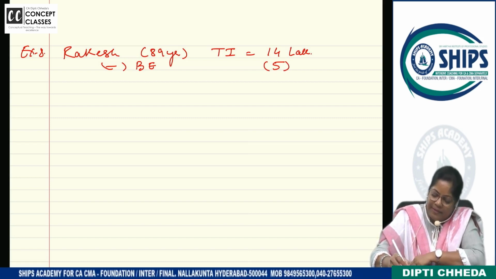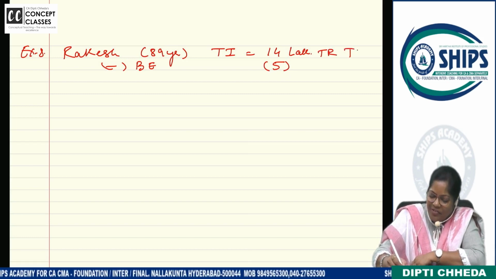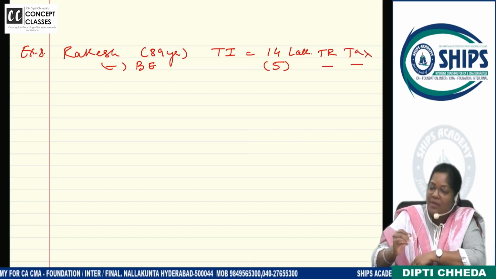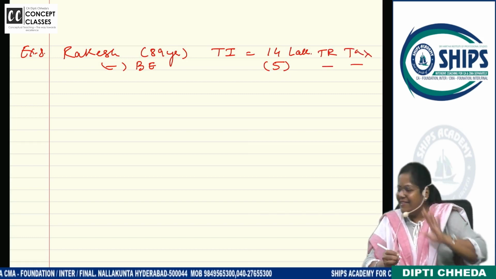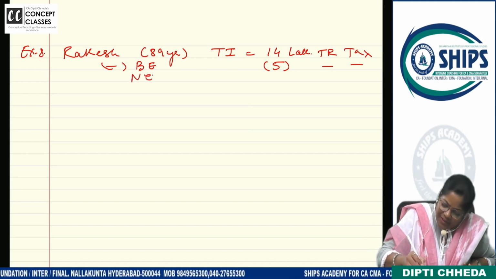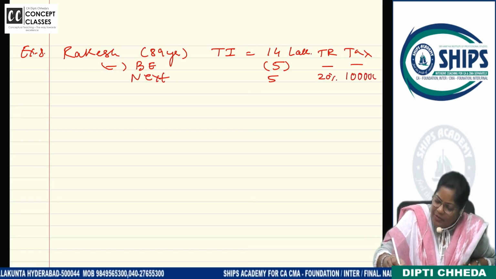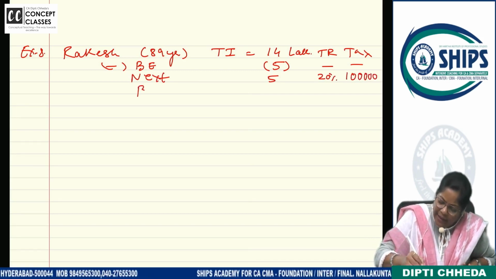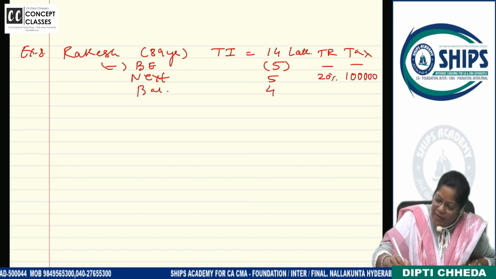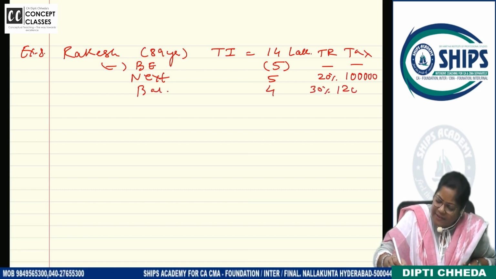Excuse me. I think no need of explanation. We can do it together. On the first 5 lakh, nil. On the next 5 lakh, how much it is? 20%. That is coming to how much? 1 lakh. On the balance 4 lakh, 30%, 1 lakh 20,000.